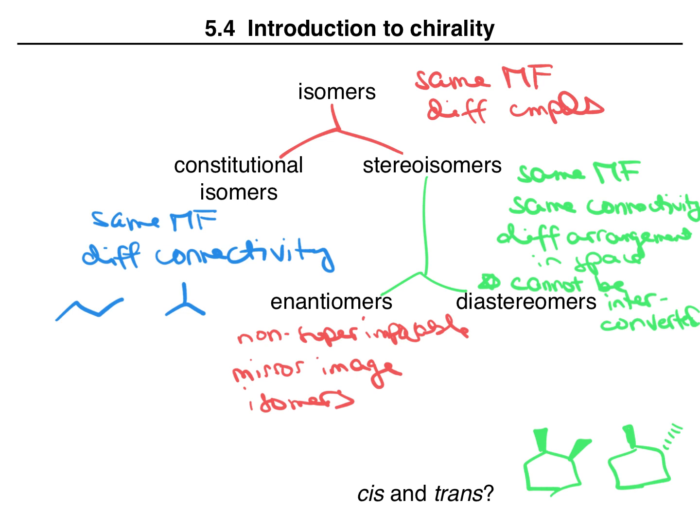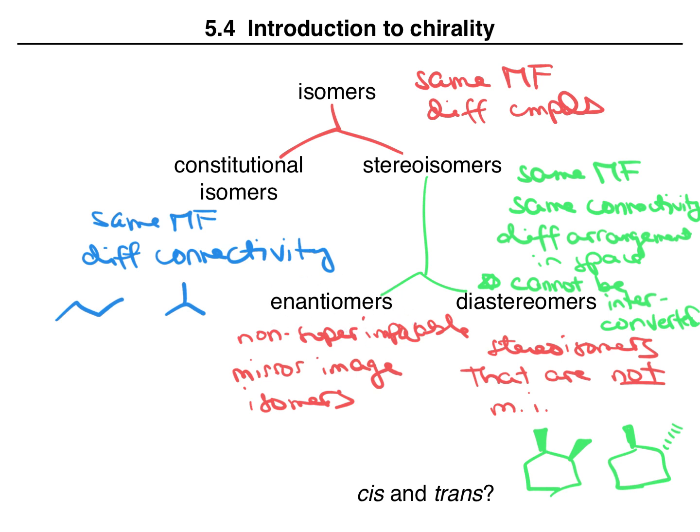Whereas diastereomers are stereoisomers that are not mirror images. So a pair of mirror images that can't be superimposed on each other, this would be a pair of enantiomers.